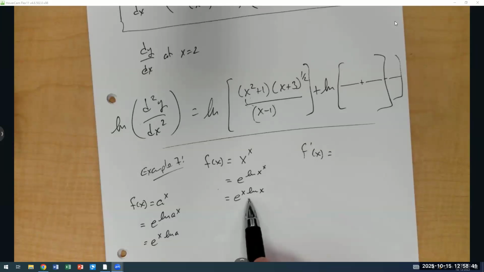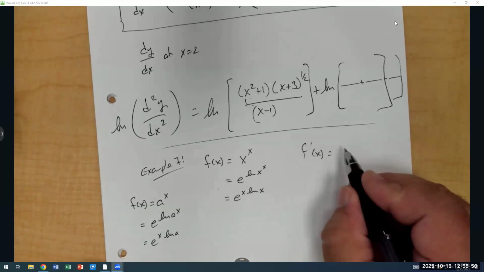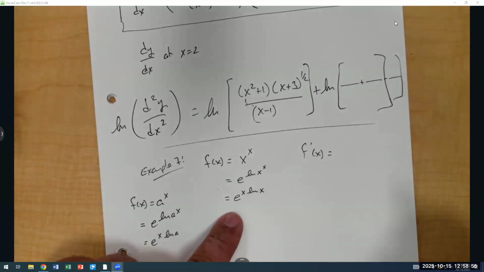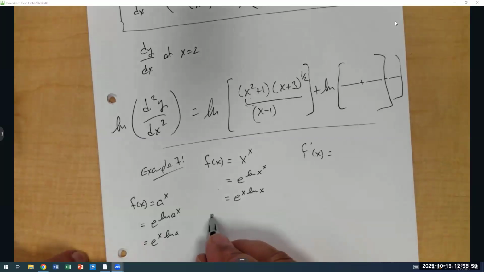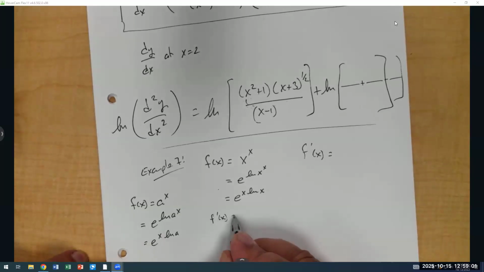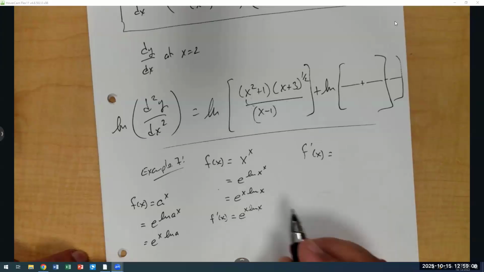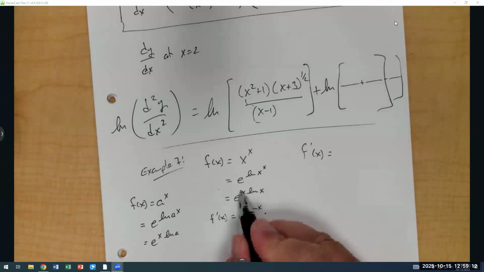So let's take the derivative of this function. What's the derivative of E x ln x? E x ln x times the derivative of the exponent.